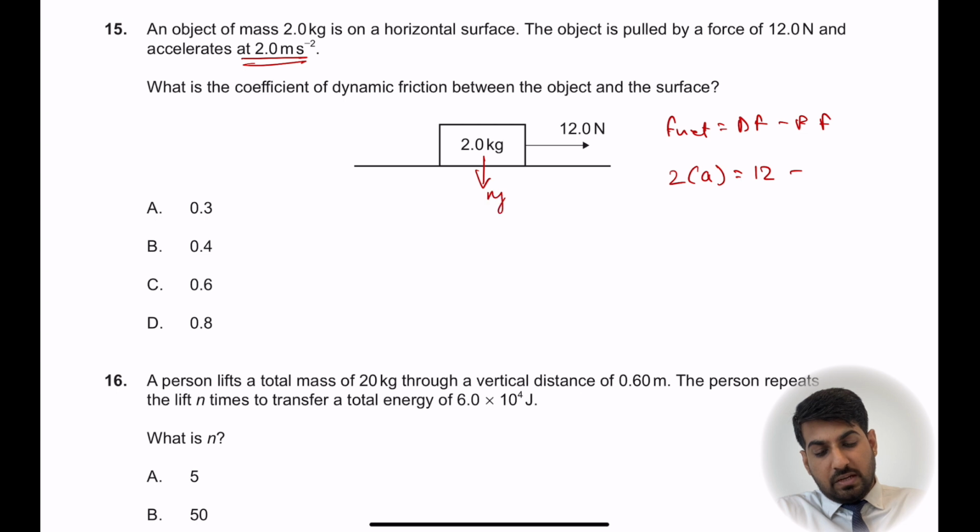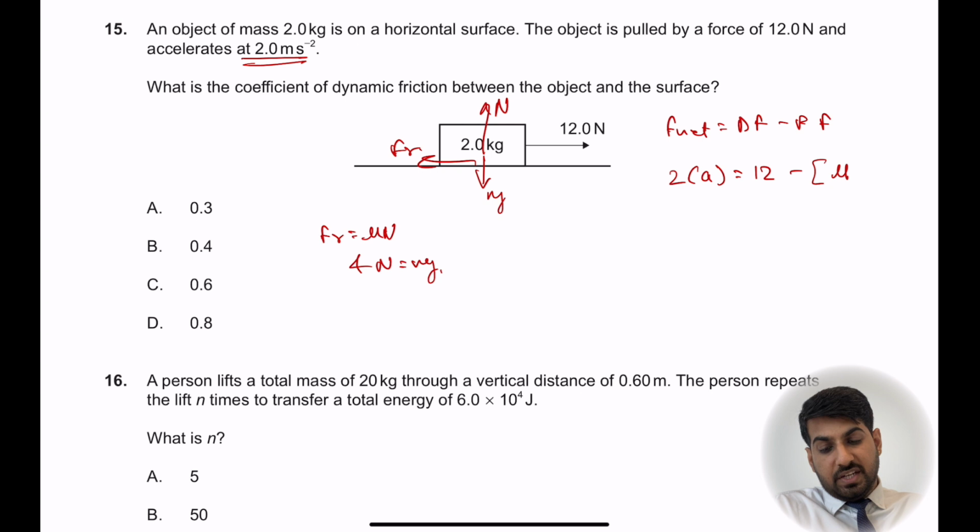Friction is equal to nu into N, which is nu into mg. I am taking g as 10 for easy calculation. So this will become 20 nu, right?